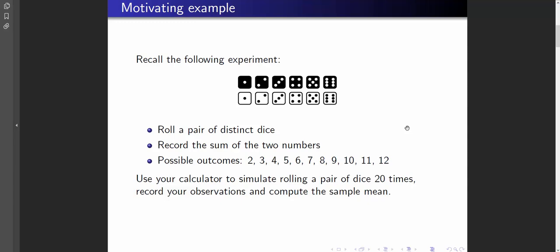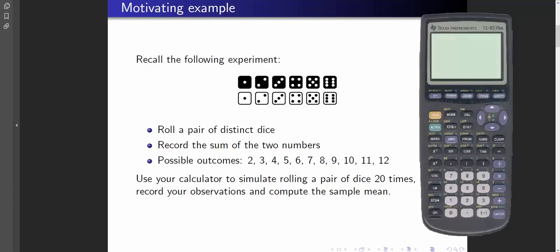Okay, now let's go ahead and simulate this. So I'm going to use my calculator, and if you have your calculator, you should do the same thing. Okay, we're going to go to Math, scroll to Probability, and we're going to select 5.